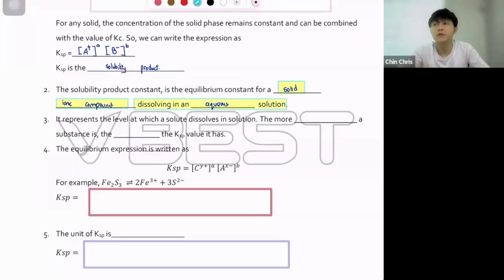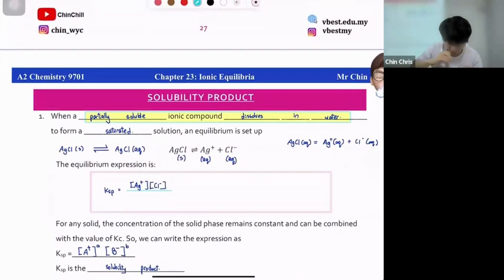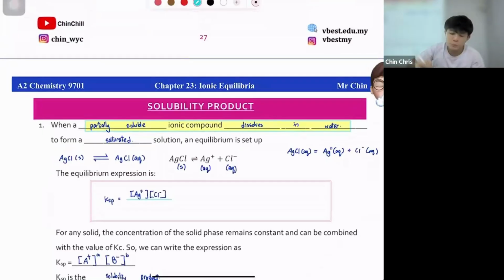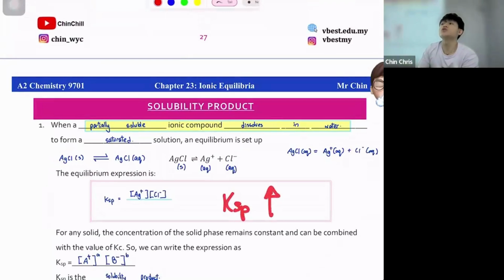Alright, next. Let me ask you a question. Looking at this equation, the higher the Ksp, the more soluble or the less soluble is the ionic compound? The more soluble, right?